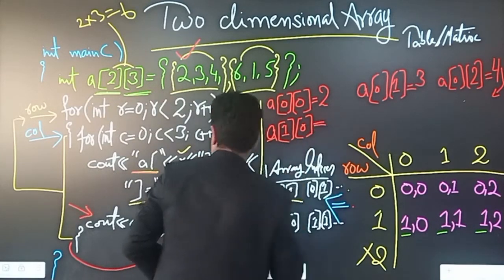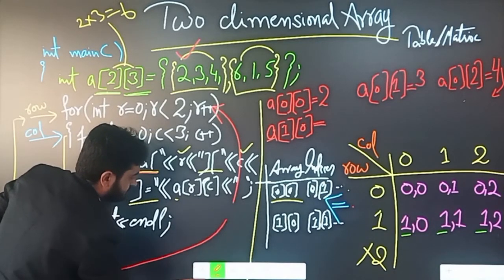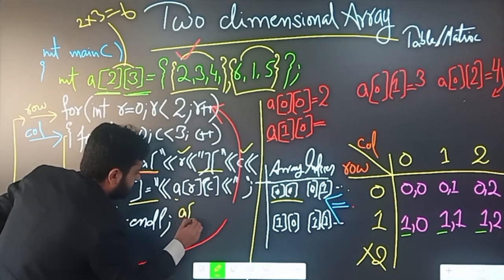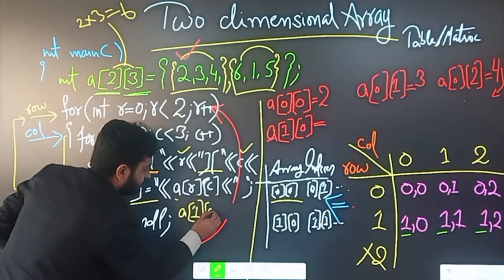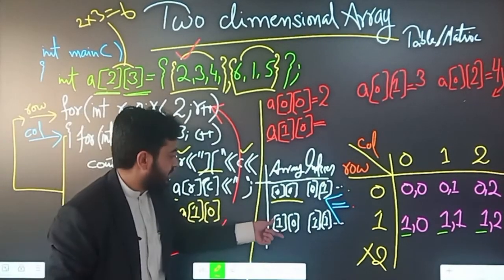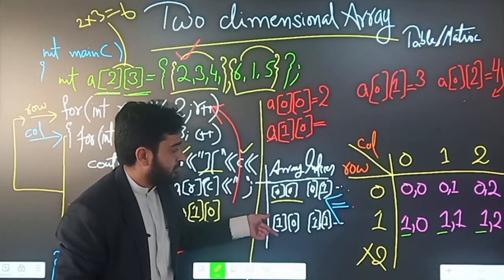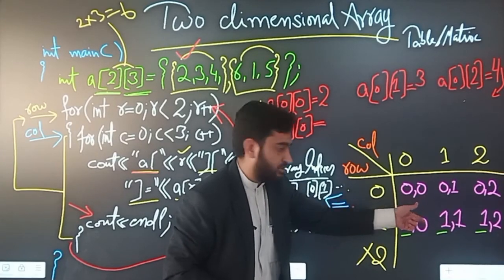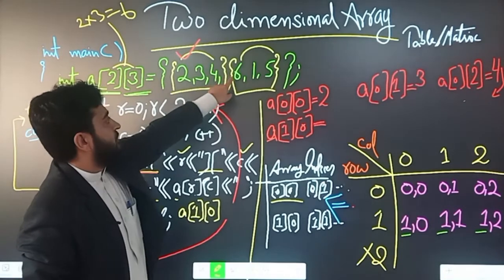And then we will see A of now R is equal to 1 and C is equal to 0, okay. So 1 and 0 represent the fourth position in the 2-dimensional array or the matrix or the table. So this is 1, 0, which represents the value 6, okay.